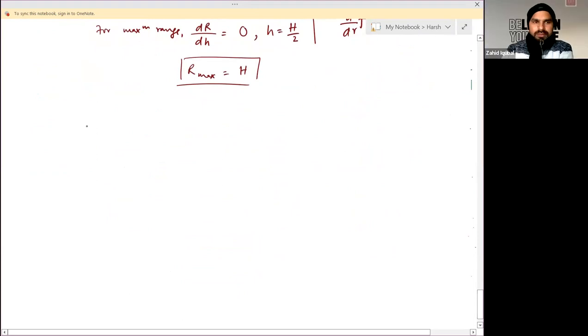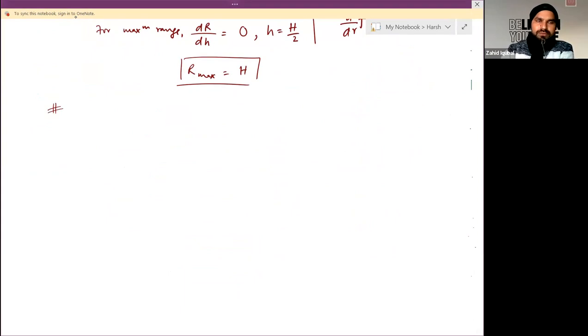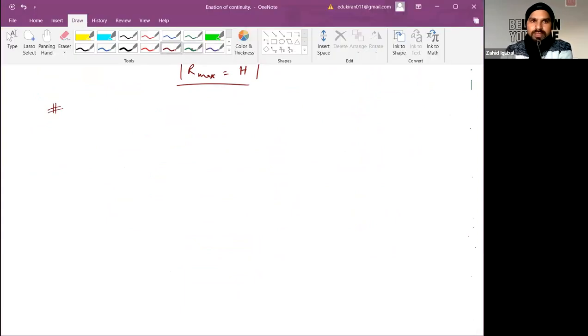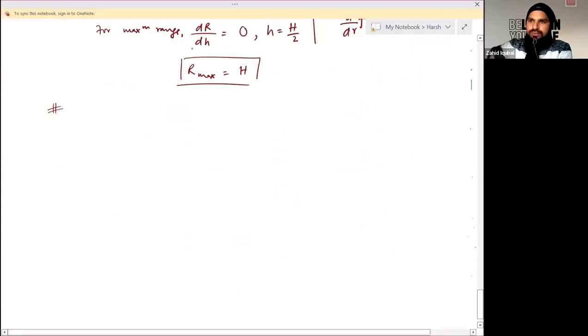Now, from this part, you'll be asked, what will happen to the velocity of ejecting liquid when the whole tank is allowed to fall freely under gravity?